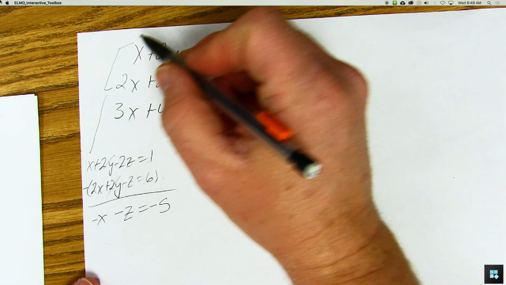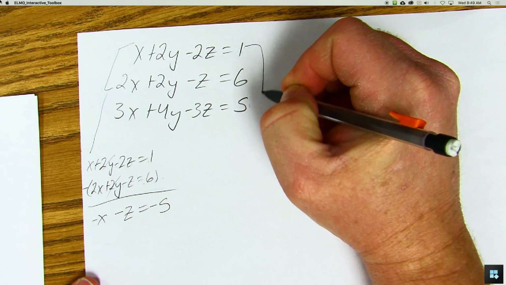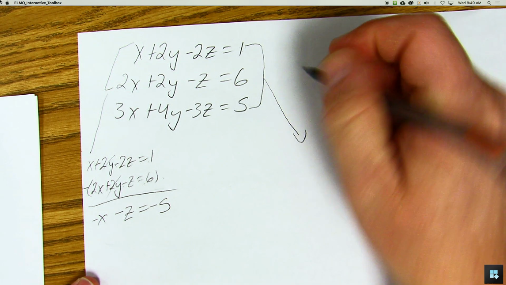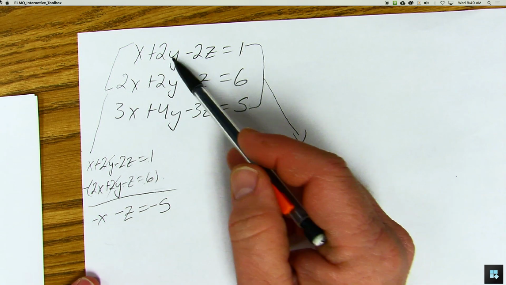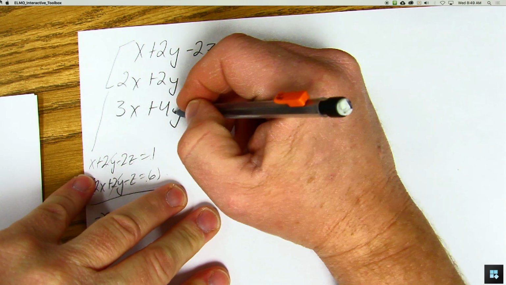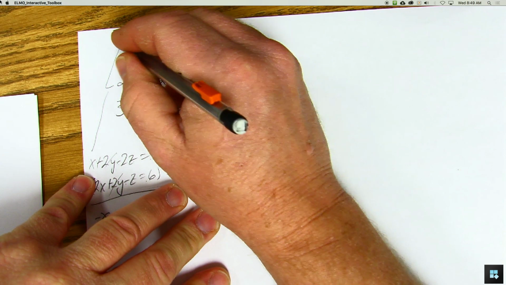So I'm going to take these 2 equations here, the first and the third, bring them right over here, and eliminate the y's again. The only way to get the y's to eliminate here would be if this 2y and this 4y were either exactly the same or opposites. I'm going to multiply this one then by negative 2.